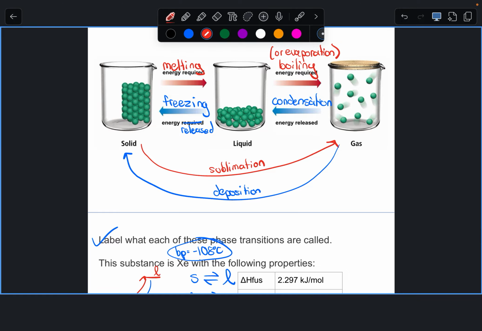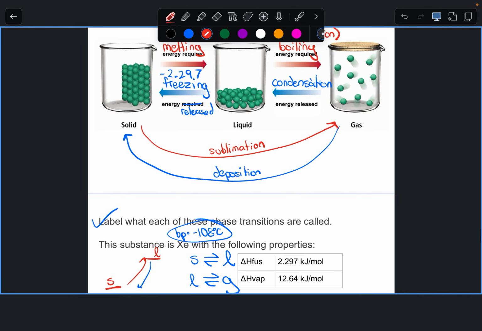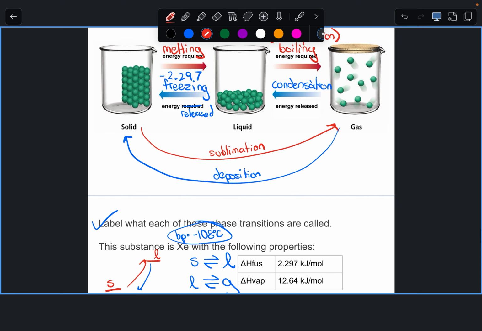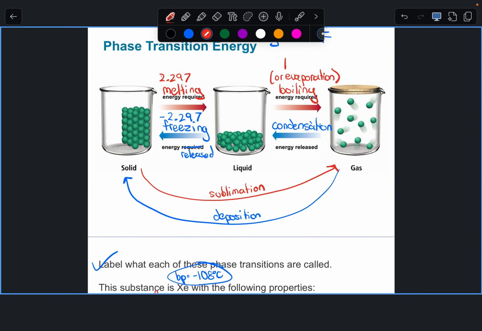Okay, so I'll go ahead and put these on there as well. So energy required should be positive. The energy released, again, same value for the one below it, but negative. And then for boiling, 12.64, should probably add units.